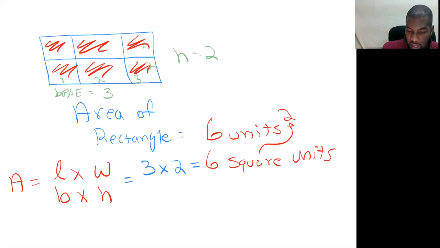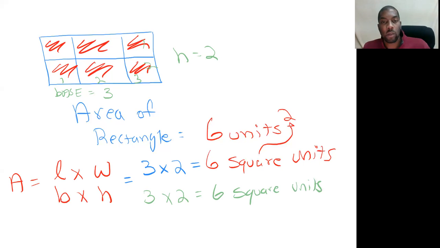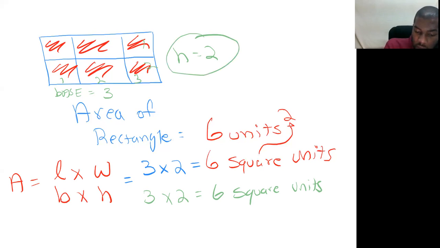Base times height is the same thing as 3 times 2 in this case. Therefore, we have 6 square units. So remember, you could either count the number of squares in a shape, or you could simply multiply the height or the width times the base or the length.